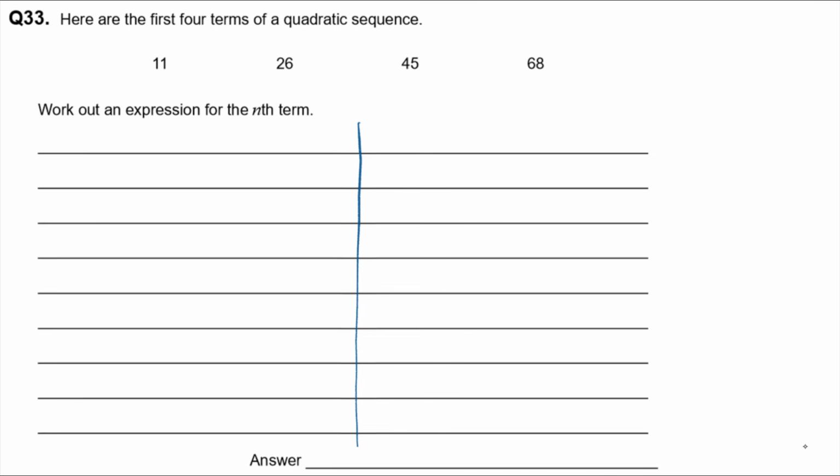So the nonsensical but kind of easy way is that you look for the common second difference. This sequence is going up in 15 and then 19 and then what's that, 23? Okay, so the differences of the differences are plus 4 then, isn't it? So what you're meant to do with this nonsensical method is you take that common second difference of plus 4, you divide it by 2, and that gives you 2n squared then, isn't it?